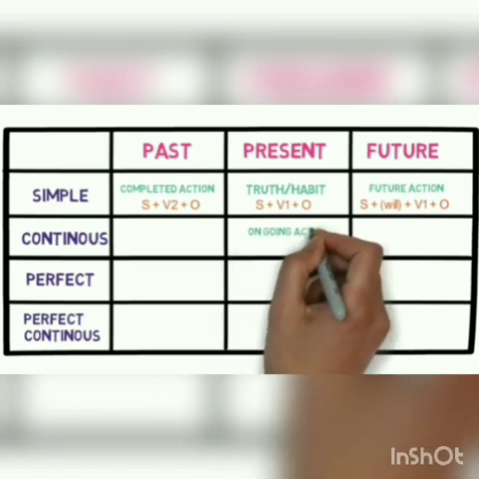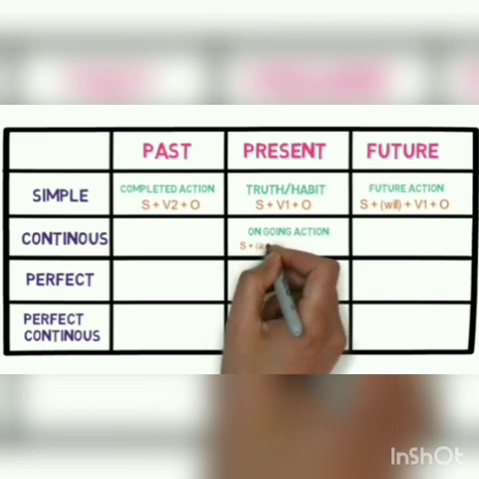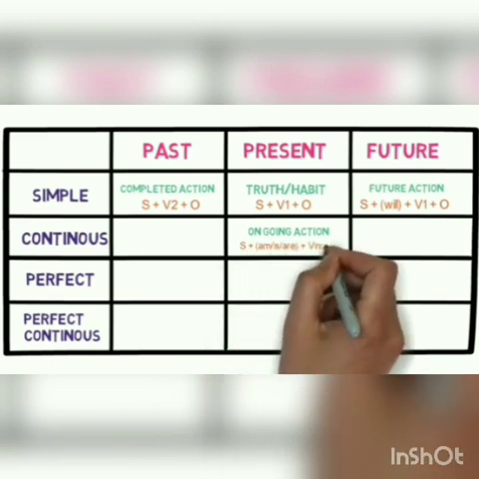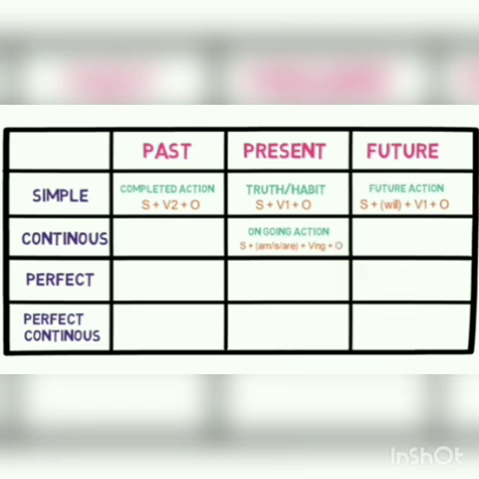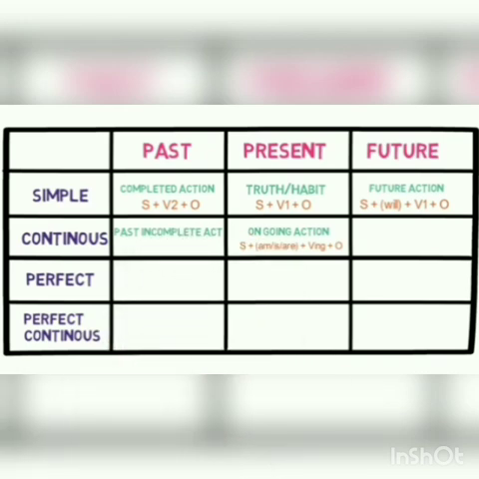Okay, children. Next, present continuous. It shows an ongoing action and the structure is subject plus am or is or are plus V1 plus ing plus object. Okay, first form. Past continuous.